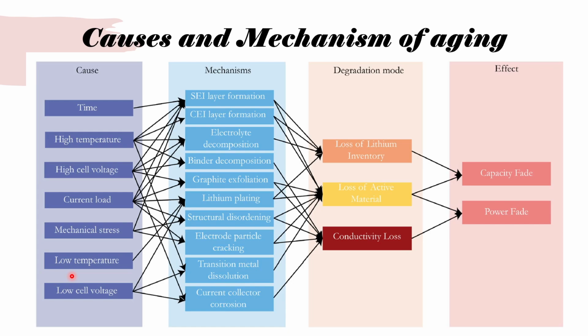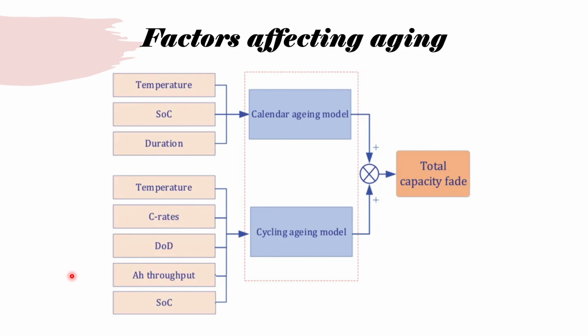Now let us jump into the factors affecting aging. So talking about calendar aging, it is mainly driven by temperature, SoC, and duration or time. SoC here indicates the storage SoC or the SoC at which you left the cell for a long time, and then after coming back you observe a decrease in capacity.